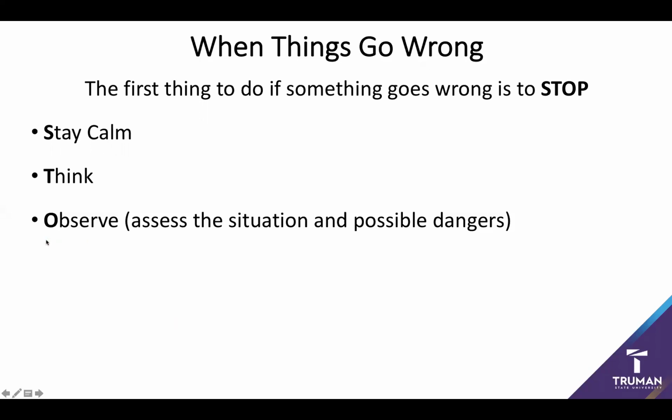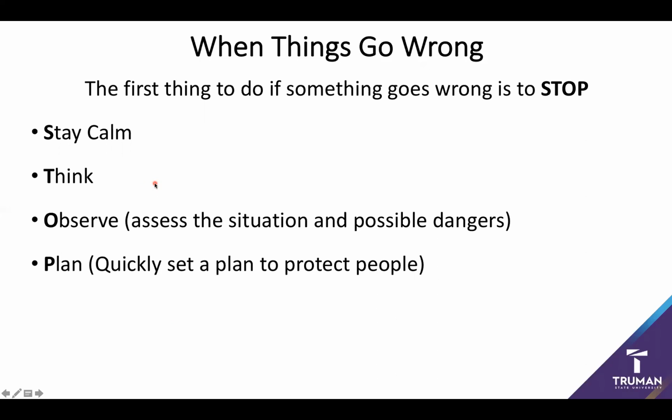But again, you need to be able to observe exactly what the situation is to plan a quick set of responses that will, first of all, protect people, then equipment. And please try to keep in mind whether a chemical is going to pose any further danger. Again, this especially applies to fire hazards or chemical fires.